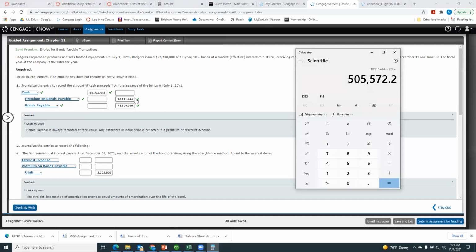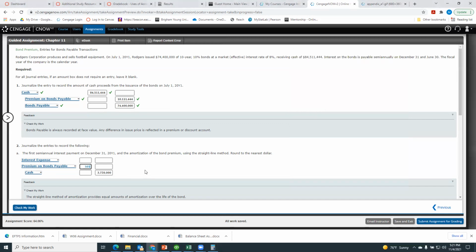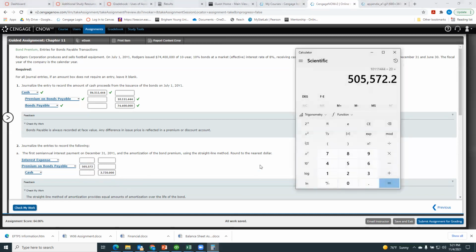Because our premium has a balance on the credit side, and when we amortize we're trying to reduce that balance, we're going to do a debit entry to amortize. And then in this case, our interest expense will just be our cash minus our premium.